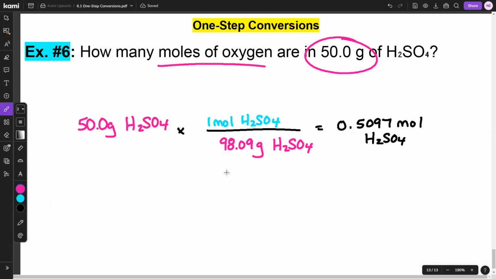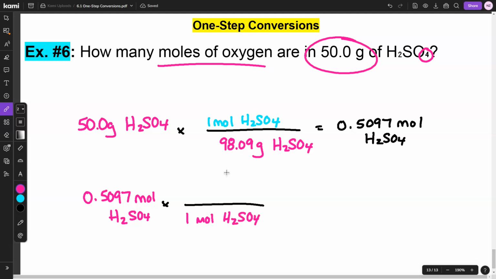Again, it's asking about oxygen, and if you look at the formula, there are 4 moles of oxygen for every 1 mole of H2SO4. So we're going to take our moles and set it up like this. So for every 1 mole of H2SO4, I have 4 moles of oxygen.